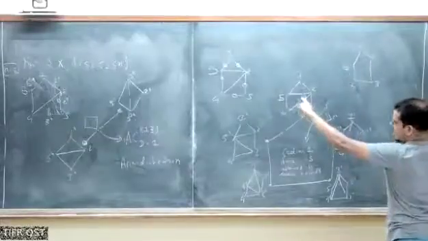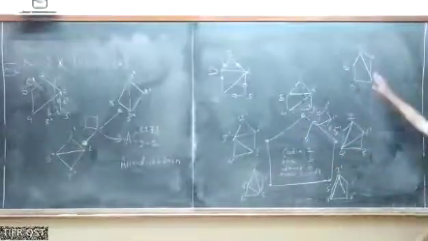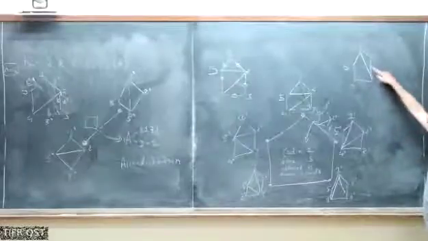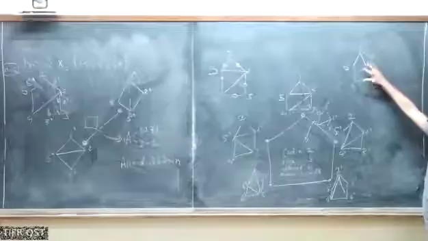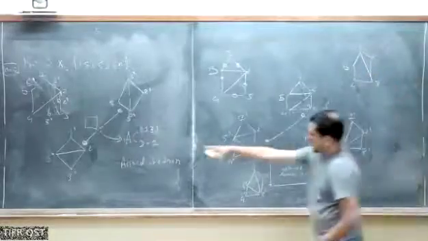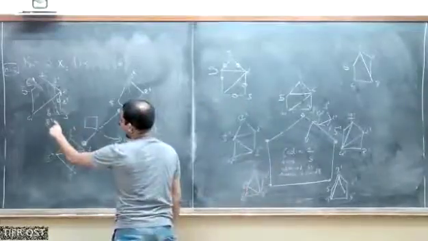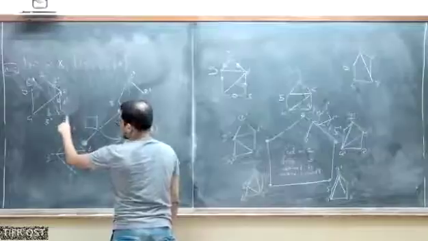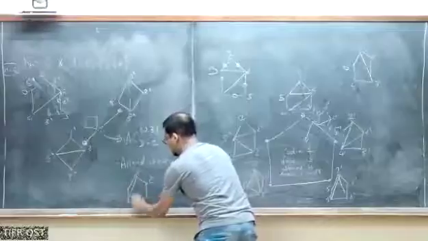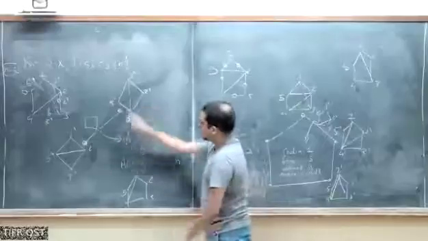If I start with 1, 3, and don't draw any dual, then the only property I have is that I want to look at all chords which break my pentagon into a triangle and a quadrilateral. Then I get 3 possibilities: these 2, and one more, which is 1, 4. But then it's not clear.